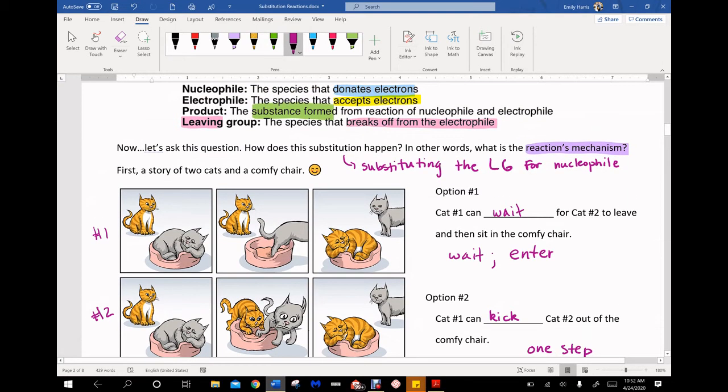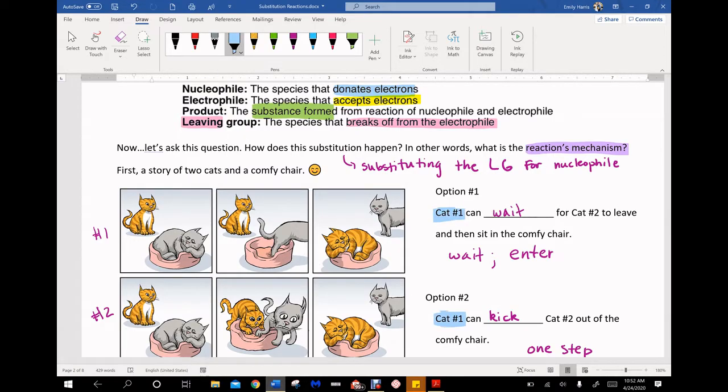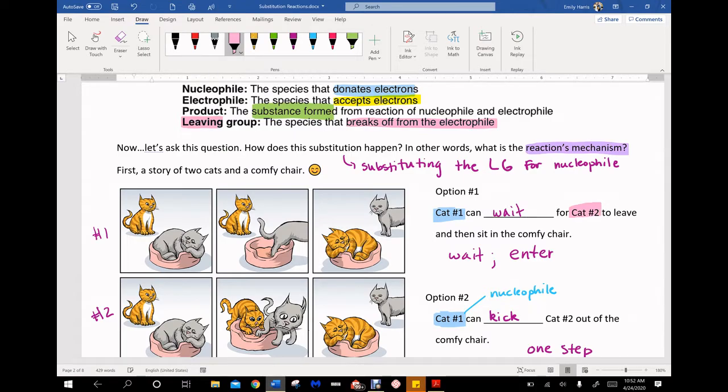Now to give you some identity to these cats, cat 1 is going to be representing the nucleophile, all right? He's the one that's coming in. And cat 2 is going to be representing the leaving group, all right? So that will help you keep track of what's what as we go throughout.